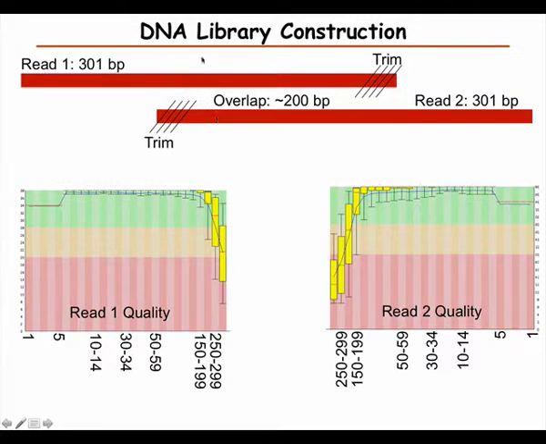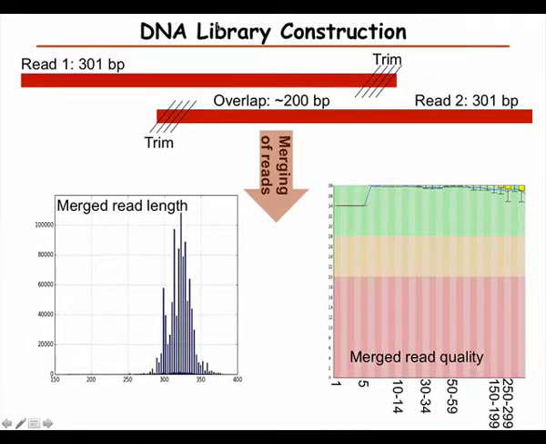So it's easy to combine them together. And after merging, the quality of the merged reads is very high. And we see that we get a distribution of reads, and the peaks have a 3 nucleotide separation corresponding, of course, to 1 amino acid.